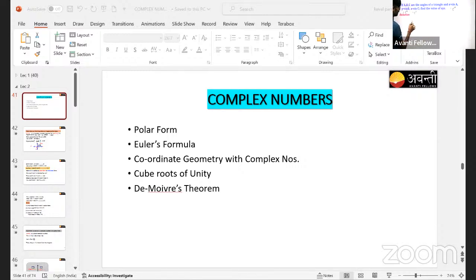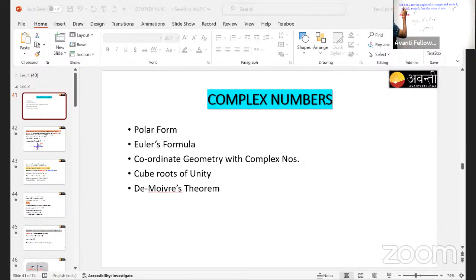That means we have to multiply these. Here we are using the exponential form, or the Euler form. If we multiply, we get very easily e raised to iA into e raised to iB into e raised to iC. By using the property of exponentials, I can write e raised to i(A plus B plus C).